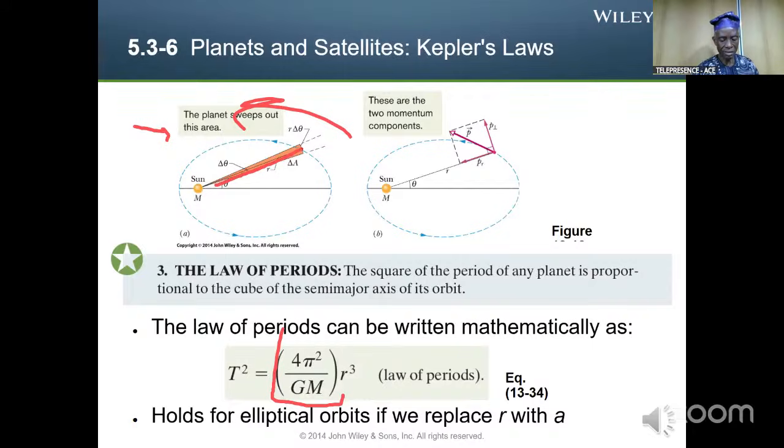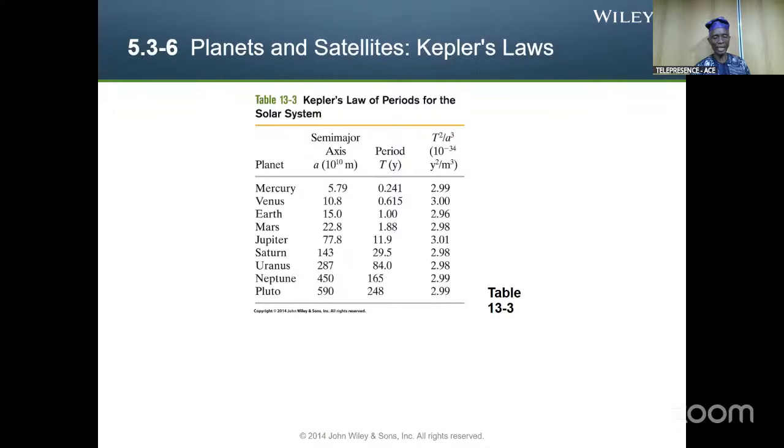So T squared is proportional to R cubed. That is what you should note. And if you want to generalize for an ellipse, you change this R to A. So T squared is proportional to A cubed. That's the third law, the law of ellipses.